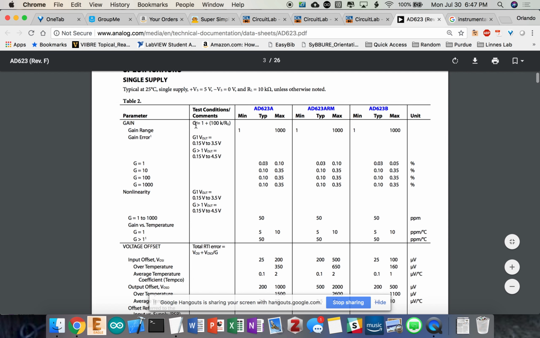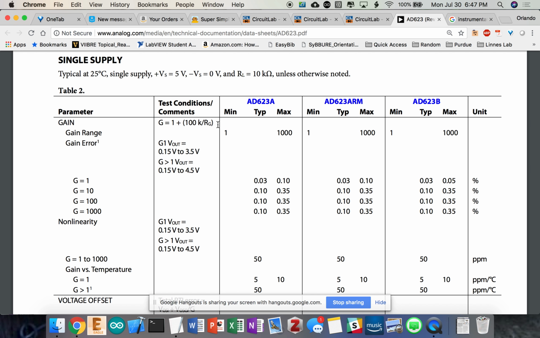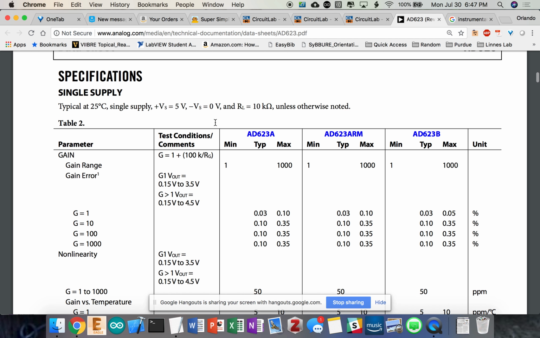In your BME 301 class, you'll have to derive this equation, but that's outside the scope of the workshop. Essentially it comes down to 1 plus 2R over Rg. R in this case is 50K, so 2 times 50 is 100K. That's where it gets this.